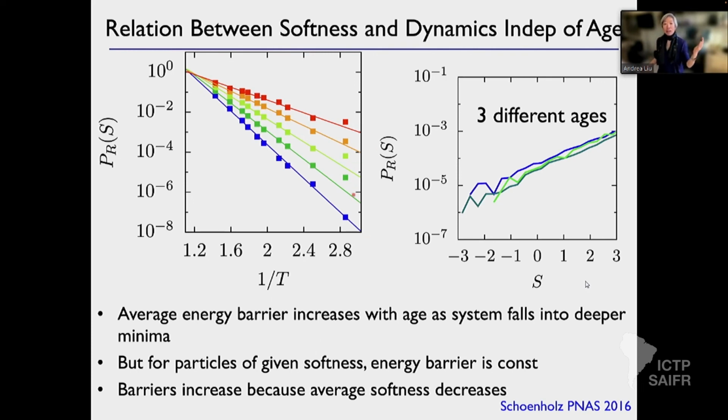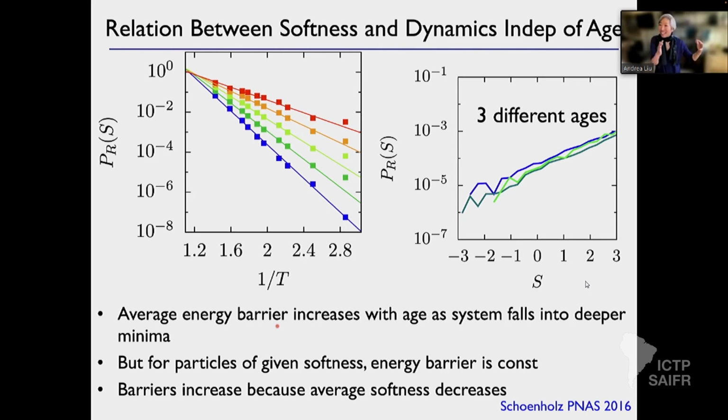It's still described by these Arrhenius curves. But the softness distribution is shifting downwards as the system is aging. So for particles of given softness, the energy barrier is not changing at all as the system ages. It's just that the average energy barrier is increasing with age as the system falls into deeper minima, because the average softness is decreasing.